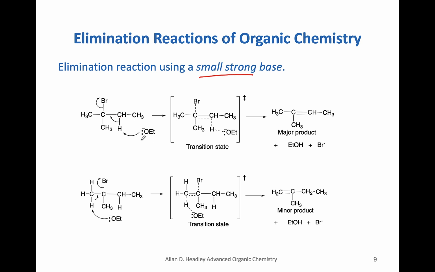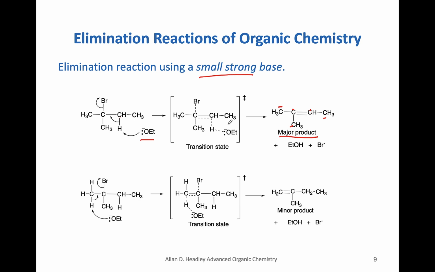Because this base is relatively small, it can come in and form the double bond here to give the major product, which of course is also the most stable product based on substitution of the double bond. So this is a tri-substituted double bond, 1, 2, and 3 alkyl groups that are bonded to the carbons of the double bond, tri-substituted.